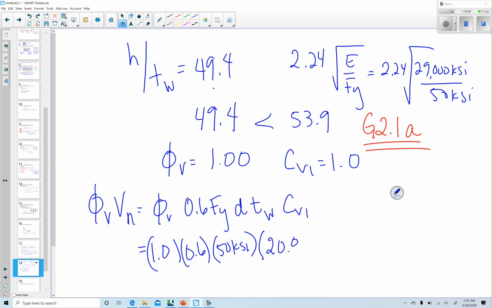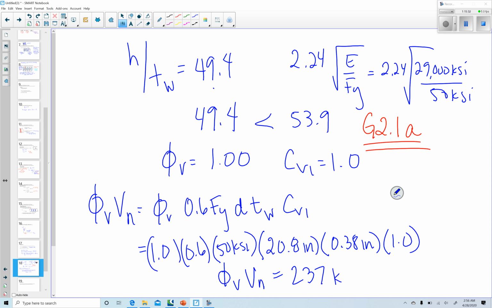So 20.8 inches times 0.38 inches. So my Cv factor is 1. Phi v, sounds like I'm saying Phoebe, but not well. 1 times 0.6 times 50, that's 237 kips, which is greater than my Vu of 88 kips. So everything's good.